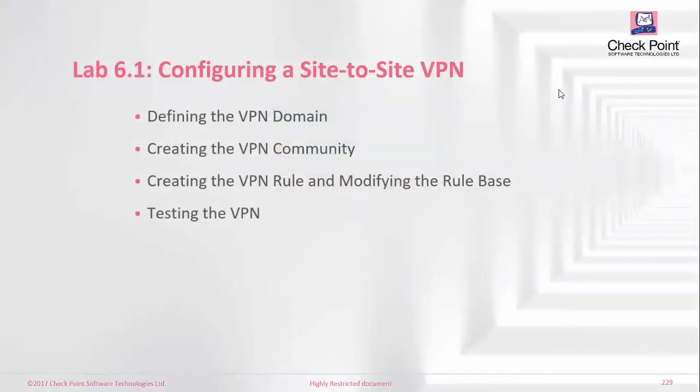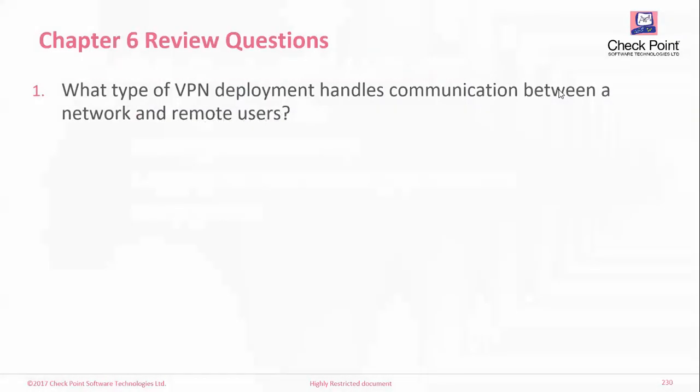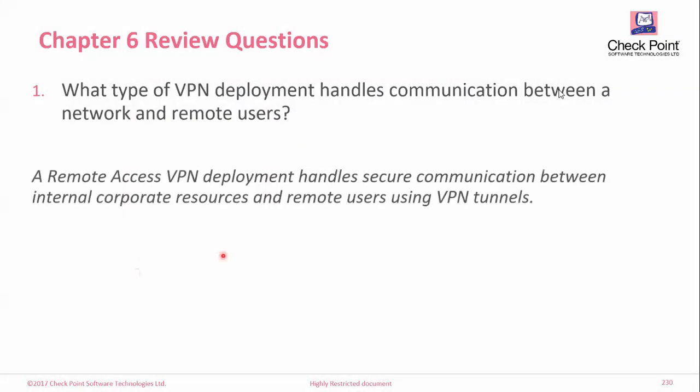Okay, so Lab 6.1 is configuring site-to-site VPN. Just some review questions real quick. What type of VPN deployment handles communication between a network and a remote user? That would be a remote access VPN deployment. Again, remote access, it can either be using a client or clientless using just a web browser for authentication to an HTTP server.